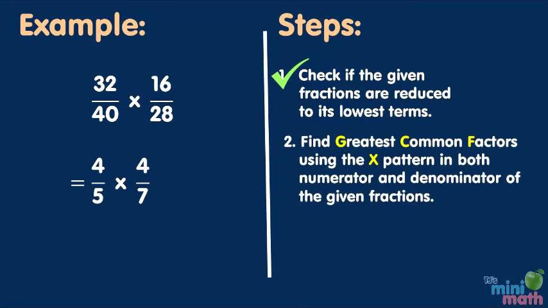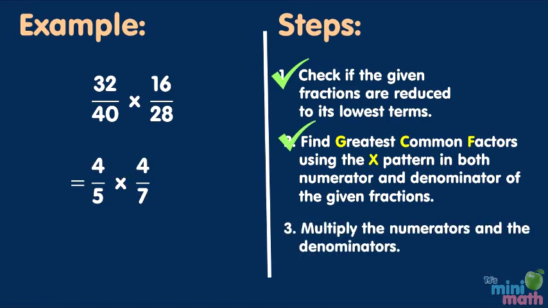Now we're going to look for the greatest common factors in X pattern. Do we have a GCF between 5 and 4? Okay, no. And do we have a GCF between 4 and 7? Okay. So let's proceed to step 3.